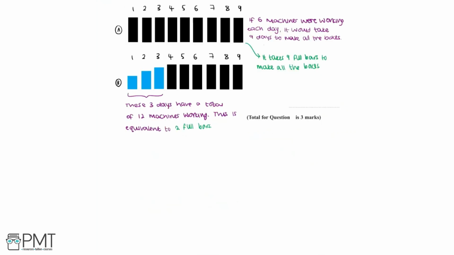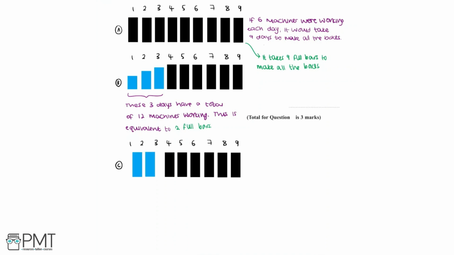And so let's simplify this diagram again in diagram C. Here we have day 1 all the way through to day 9. Now we said that the first 3 days are equivalent to 2 full bars, because in diagram B, if we merge the 3 blue bars together, these will create 2 full bars. And so in diagram C, we can say that in days 1, 2 and 3, we have a total of 2 full bars. And between day 4 and day 9, we have a full bar each day as normal.